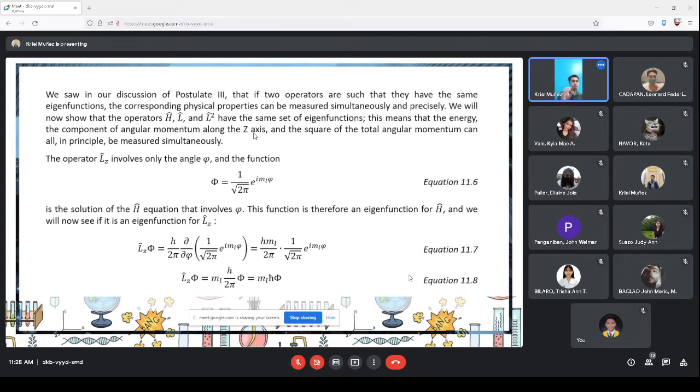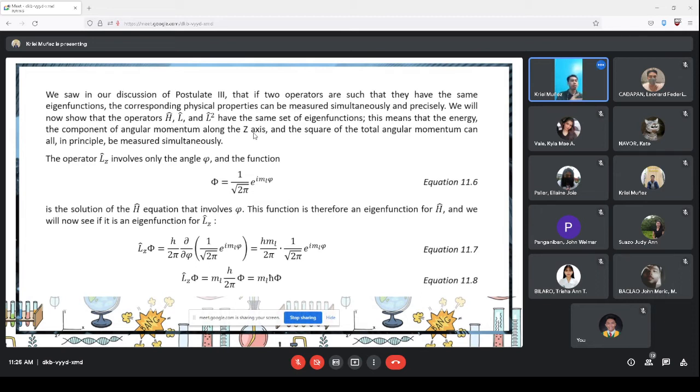You can also check it with the x-axis or the y-axis. But of course, L sub x, L sub y, and L sub z are not commuting with one another, so they cannot all be measured at the same time.